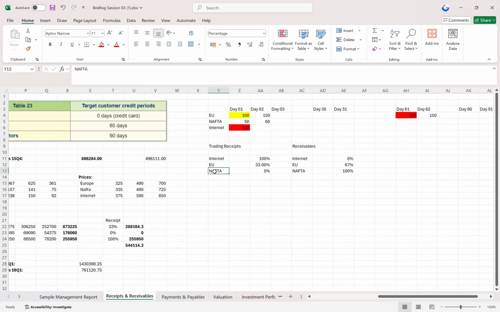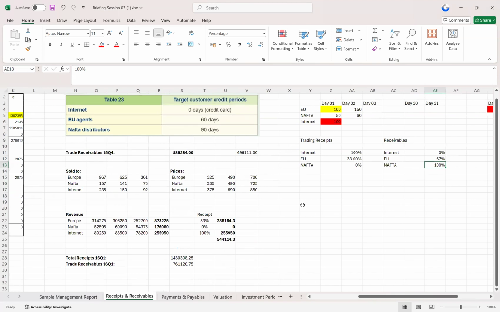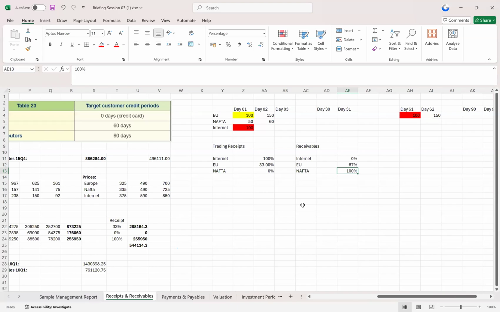Okay. And for NAFTA, it is going to be zero because the period is 90 days. So all the money is going to come in the next quarter anyway. That's why receivables become 100% for NAFTA. Is it clear? It means that the entire sale which will be done in the NAFTA market will come as receivable and nothing will come in receipt in that quarter.